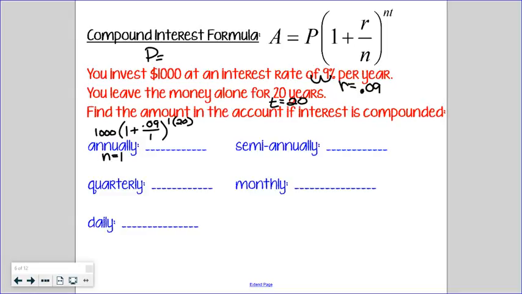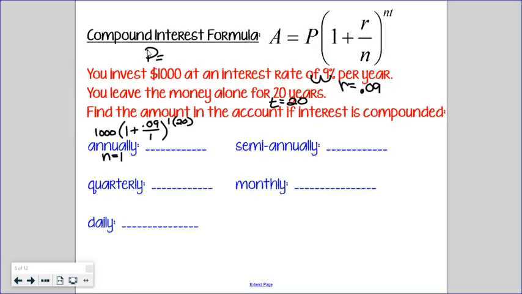Now, I will give you a little hint if you have a nicer calculator. If you type this in as a fraction, it's a lot easier to go back and do this 4 more times without having to retype the whole thing. So grab your calculator, type that in, round to 2 decimal places because we're talking money, and then you're going to check your answer with what I have on the board here. And then if yours does not match, you're going to call me over and have me look at what you have typed in.